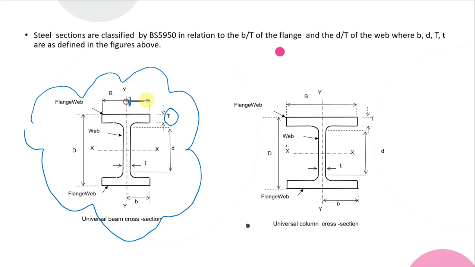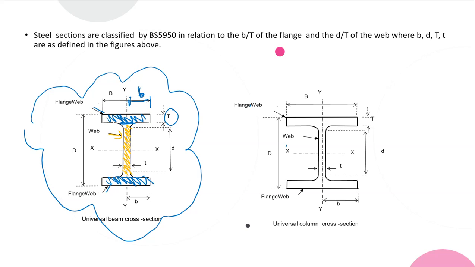Atas ni pun separuh ni adalah B. Okay, B you bahagi dengan T of the flange. Flange yang mana? Okay, flange ni adalah yang ni. Area atas ni adalah flange. Area bawah ni flange. Okay, but you kena tahulah apa benda ni panggil. Ni web. Okay, so this is web and that is flange.